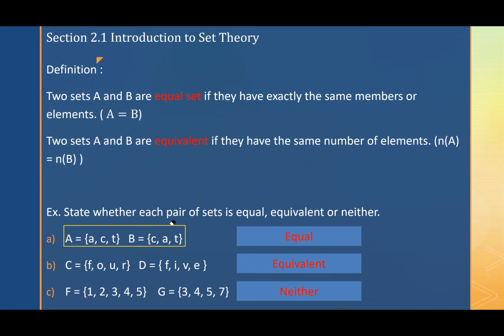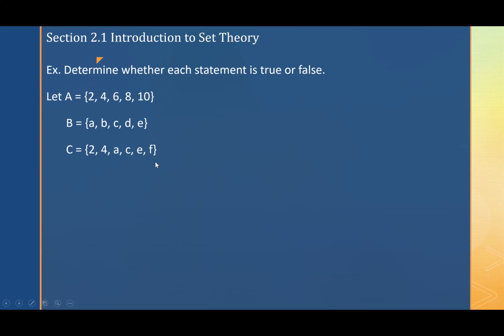Now, let's take a look at this. So let's throw all this at you guys. After all the definitions come in, let's say that I give you this. I give you set A, which contains 2, 4, 6, 8, 10, which are even numbers.